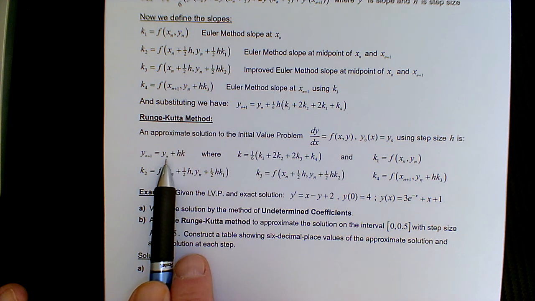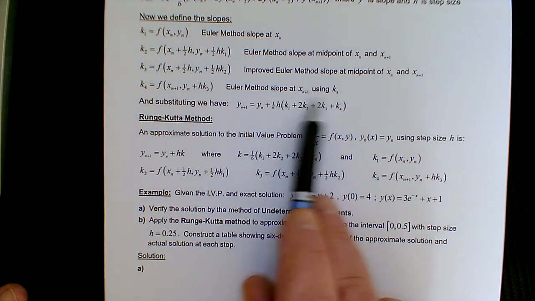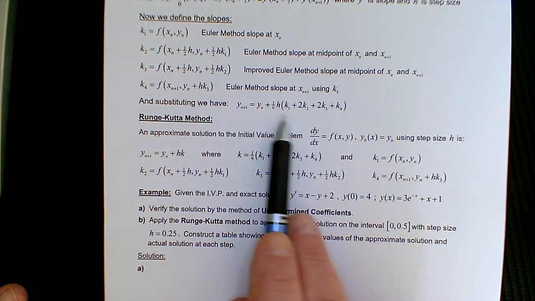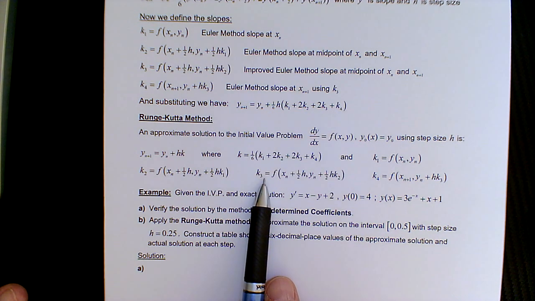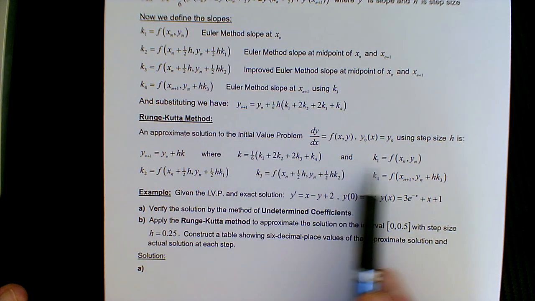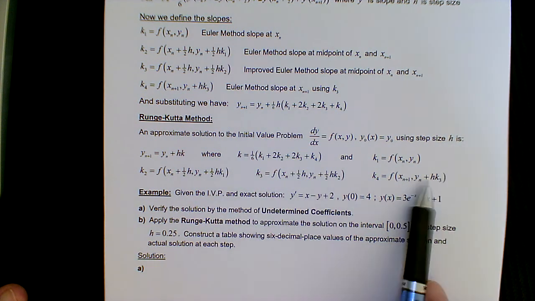Our approximation is the previous y value plus h times k, where k is the 1/6 times the combination of those slopes. And then here it's simplified for us to list k1, k2, k3, and k4 in a nice convenient fashion.